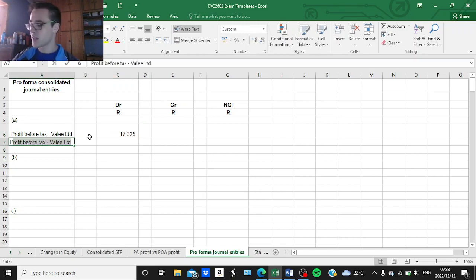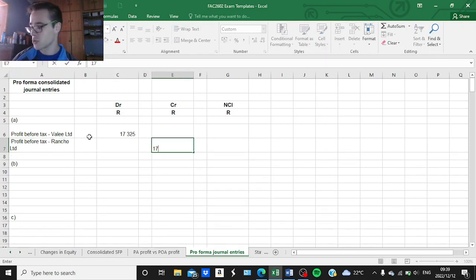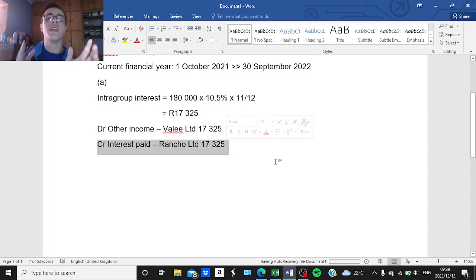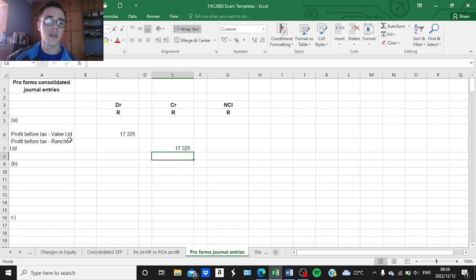And then you will credit the profit before tax for Rancho Limited. Because according to the second part of this journal entry, which I have shown right here, if we credit interest paid by Rancho Limited, we are decreasing the actual interest or the finance costs incurred by Rancho Limited. So because we are decreasing the interest expense, we are actually increasing the profit before tax amount for Rancho Limited, which is why we can credit the profit before tax for Rancho Limited by 17,325.